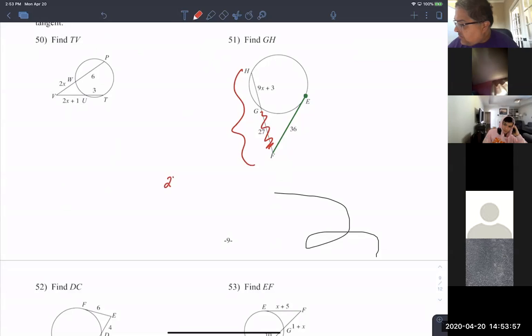So 27 times 9x plus 3 plus 27, which is 9x plus 30, equals 36 squared. Okay, equals the tangent squared. Now algebra basically, and not pretty numbers, so let me get out a calculator.